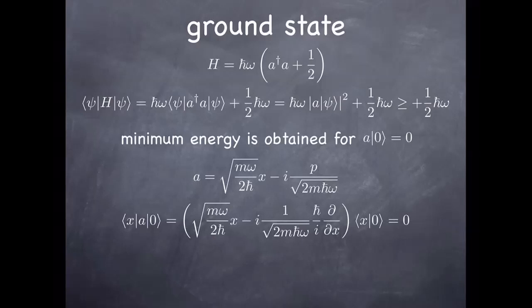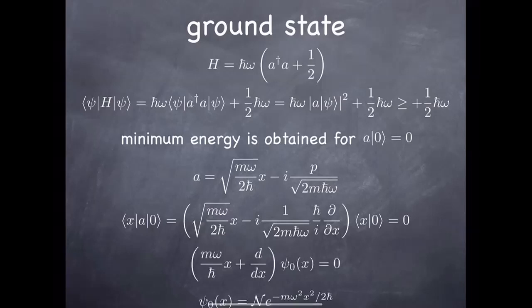Acting with the x derivative returns basically x. So then the wave function should be an exponential of x squared. By cleaning up this differential equation, by eliminating this coefficient of d over dx and putting that into the first term, the x derivative should give you m omega over h bar times x.